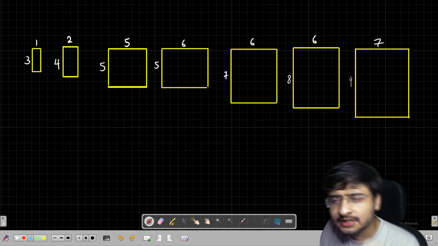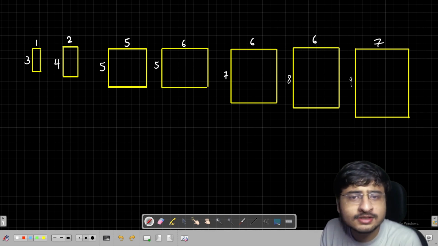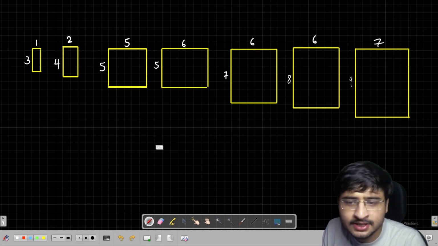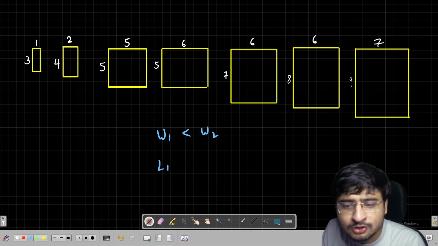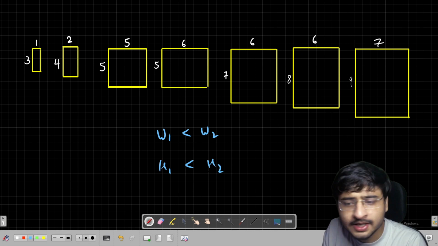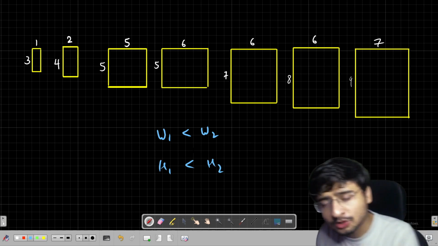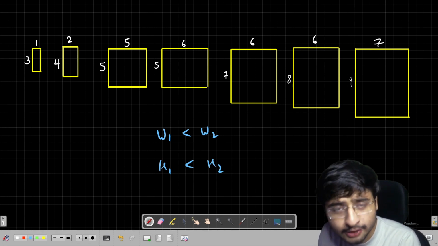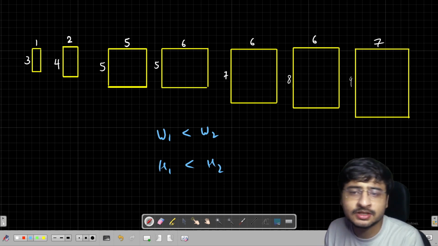Okay. So let us first try to relate this to longest increasing subsequence and how we can solve this problem. Basically, I want W1 to be smaller than W2, and H1 to be smaller than H2, right? The width of the first should be strictly smaller than the second one I'm selecting, and the height of the first should be strictly smaller than the height of the second one I'm selecting.